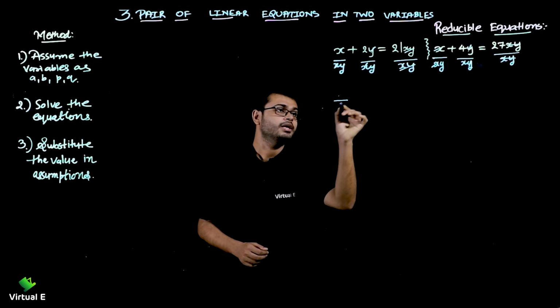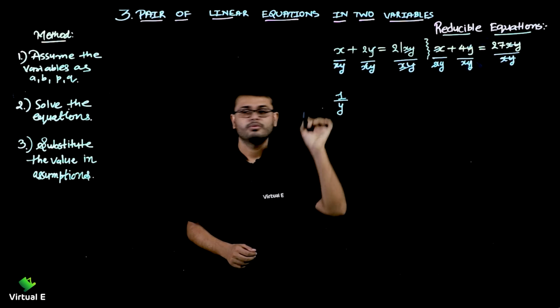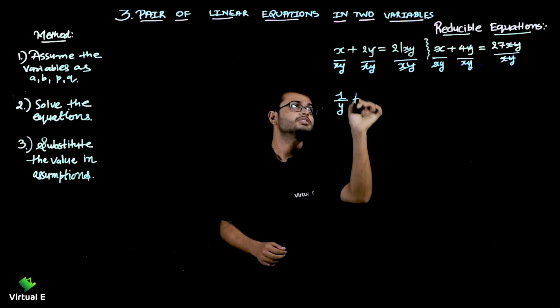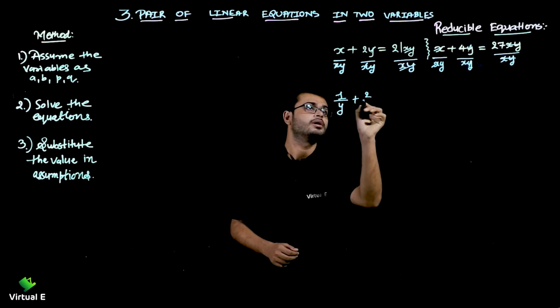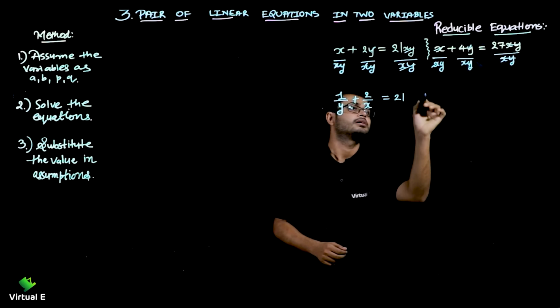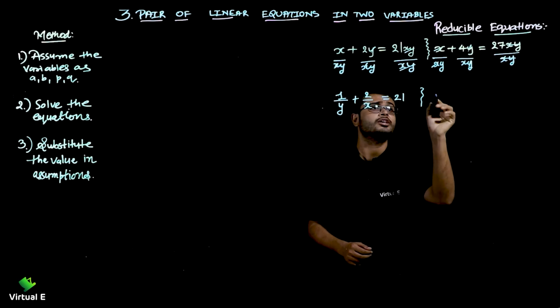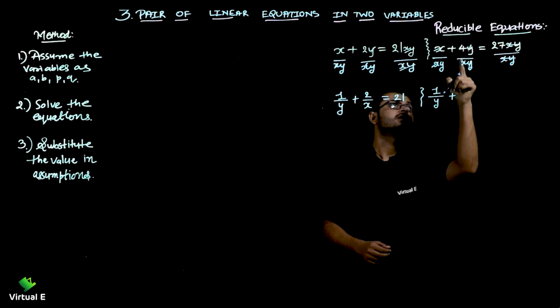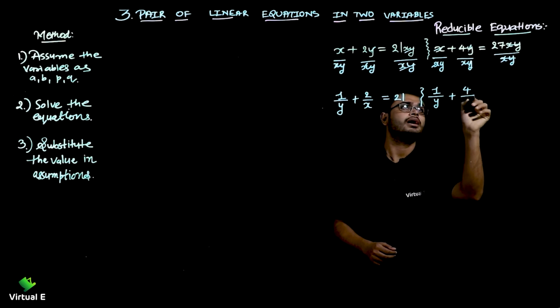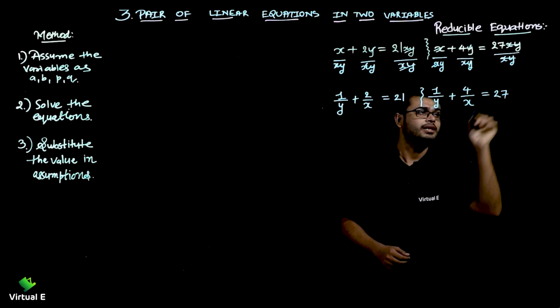Keep y in the denominator, and if there is nothing, we always write it as 1. So 1 over y plus 2 over x is equal to 21. For the second equation, 1 over y plus 4 over x is equal to 27.